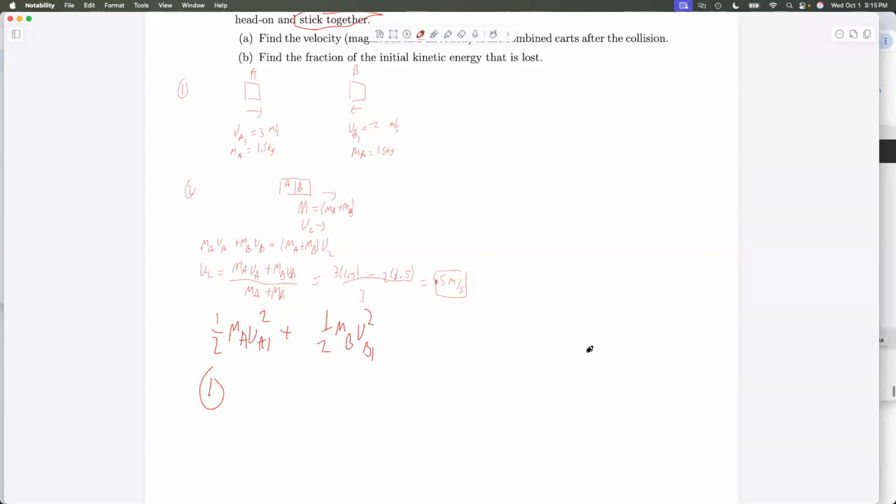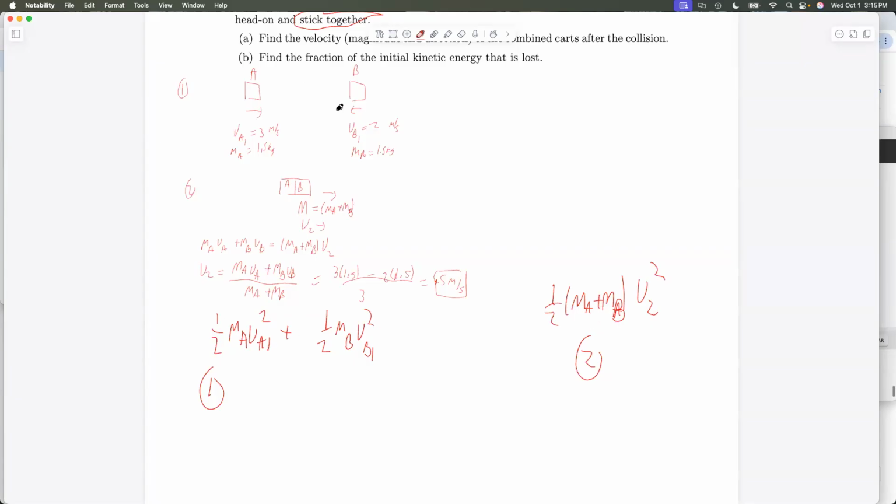This is how much kinetic energy I had to begin with. Then I'm going to have 1/2 capital M, the total mass, MA plus MB, V2 squared. This is how much kinetic energy I have at the end.